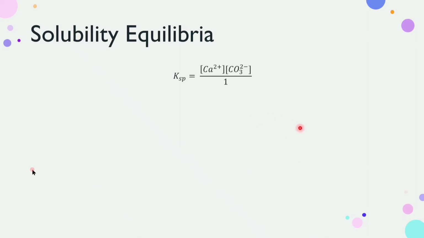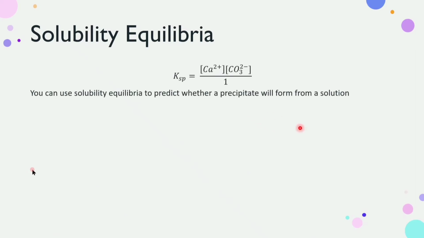Now we're going to look further into it. We can use solubility equilibria and our solubility product, our Ksp constant, to predict whether a precipitate will form from a solution. In turn, this will tell us what Ksp actually is and what information it gives us about the reaction and the solution.